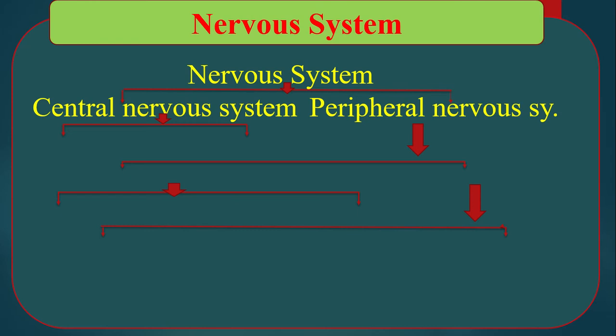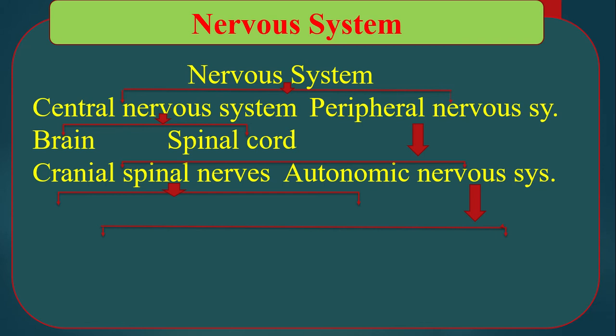Now, central nervous system is divided into two. Number 1, brain. Number 2, spinal cord. Peripheral nervous system is again divided into two. Number 1, cranial spinal nerves, and number 2, autonomic nervous system or automatic nervous system.